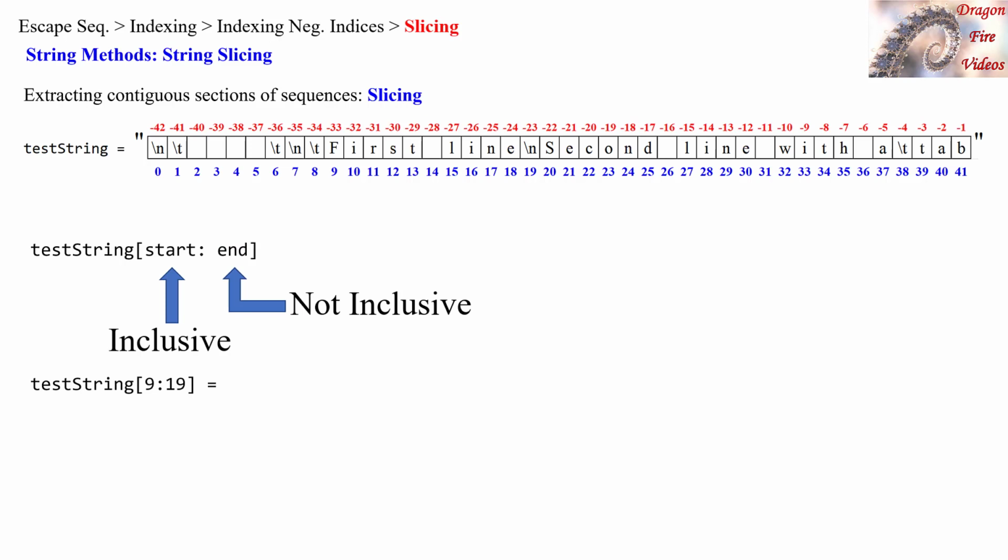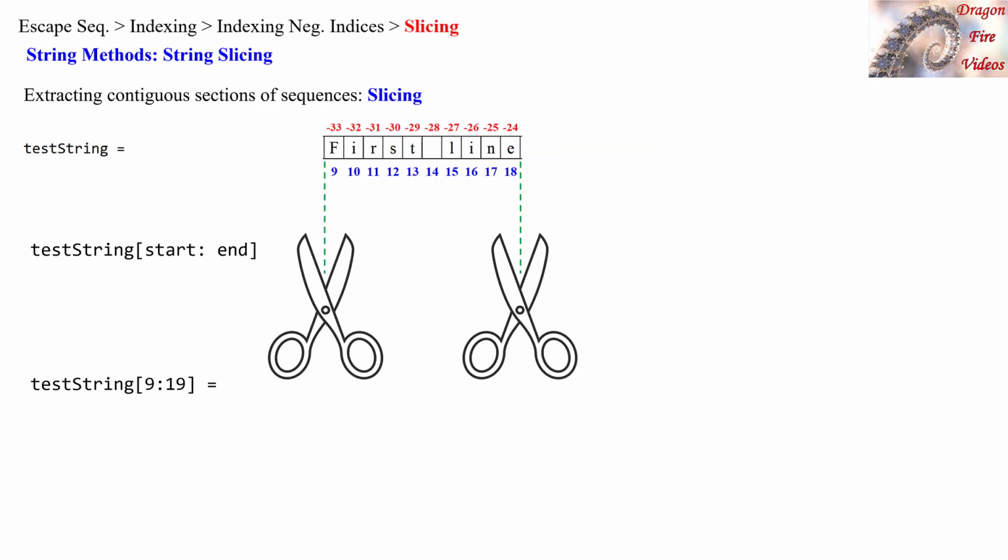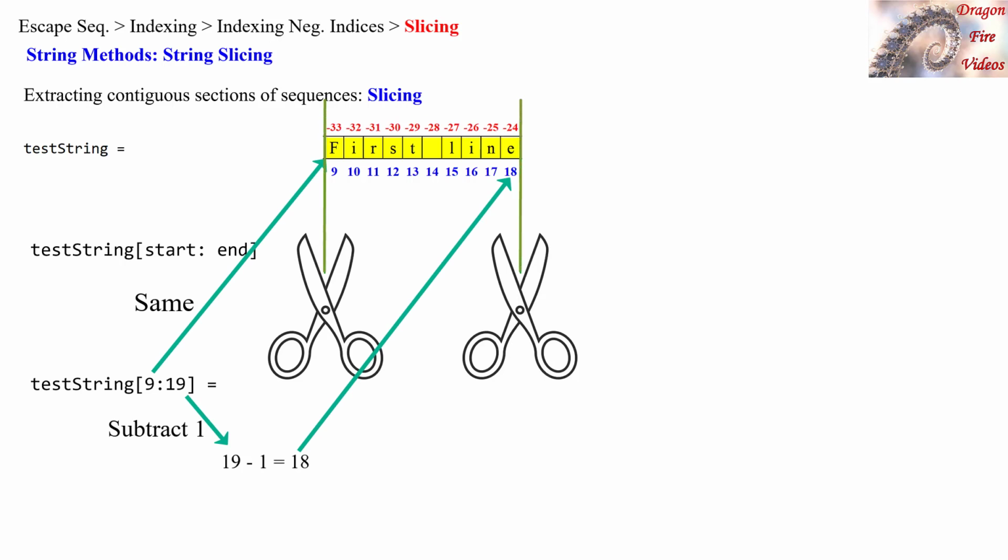There are two ways you can envision how to compute these substrings, or slices, of the original string. Let's imagine we're going to cut the string in two locations. Let's use as an example test string 9:19. If you cut the string at those two positions, the 9th and the 19th, you would extract the characters from the 9th index all the way to the 18th index.